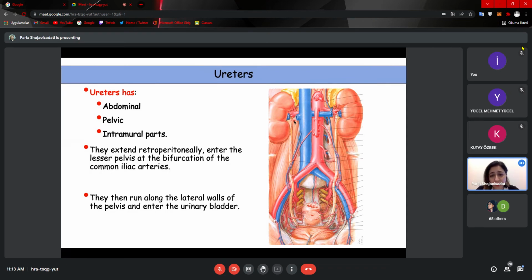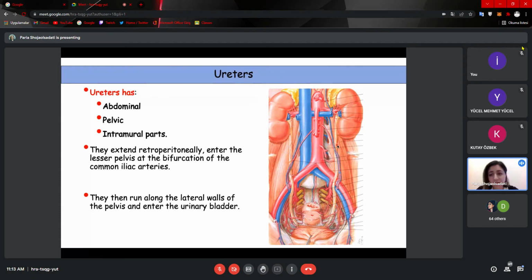We can talk about the initiation part of each part. For example, the ureters initiate at the level of the ureteropelvic junction. It's the site where the renal pelvis is connected to the ureter, and it's famous as the ureteropelvic junction.